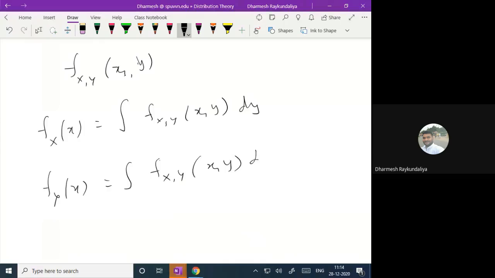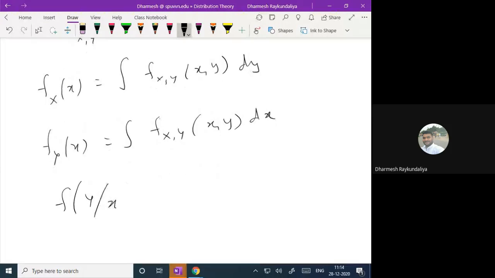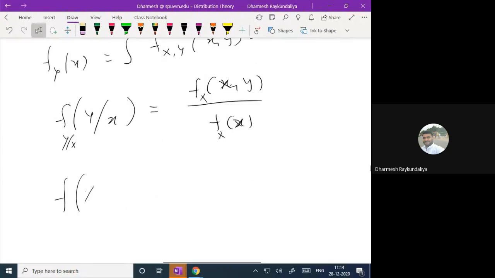And if I wish to find the conditional distribution of, let us say, f of y given x, how will you obtain it? It is f of x, y divided by f of x. Okay. Similarly, if you wish to find the conditional distribution of x given y equal to y, it is nothing but the joint PDF of x, y divided by the marginal PDF of y.